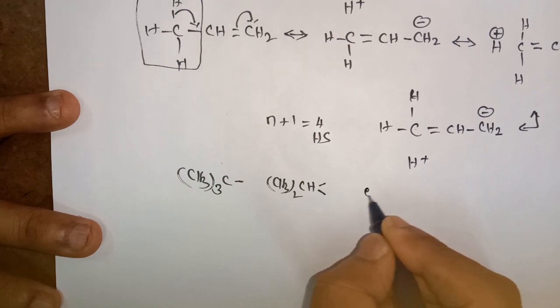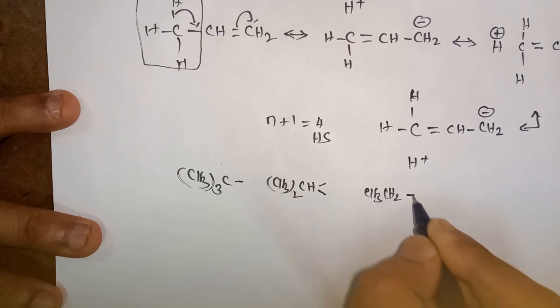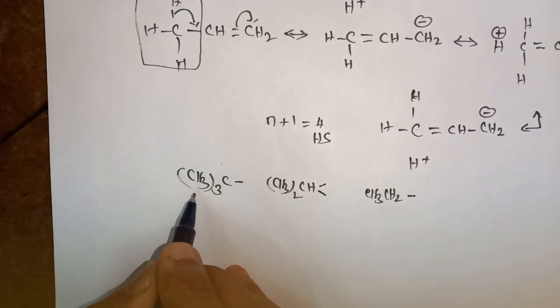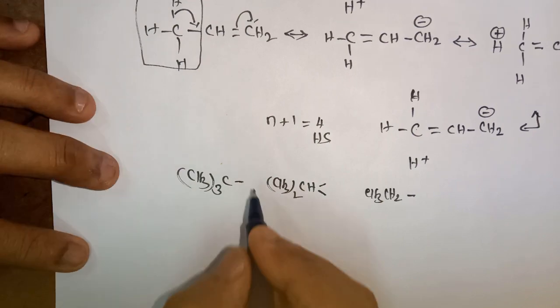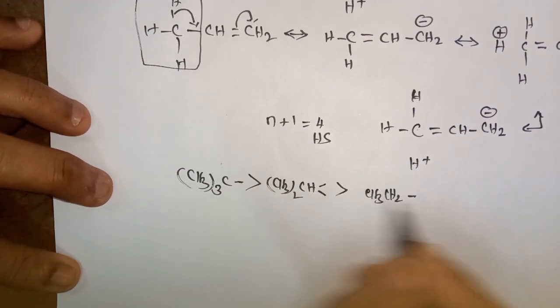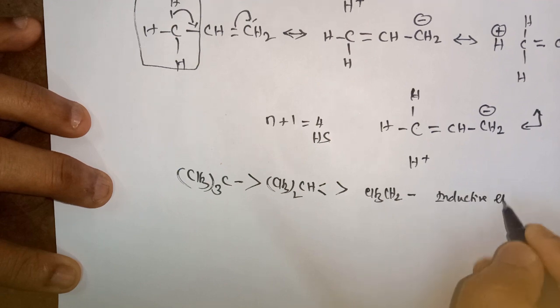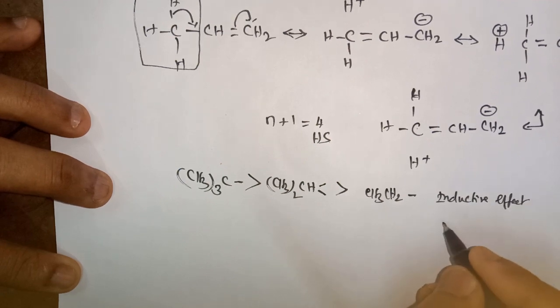This is what I write here: CH3, CH2 with a single bond. You all know that as the number of carbons increases, the inductive effect will increase like this. This is the inductive effect.